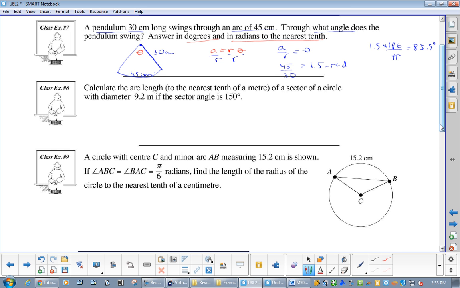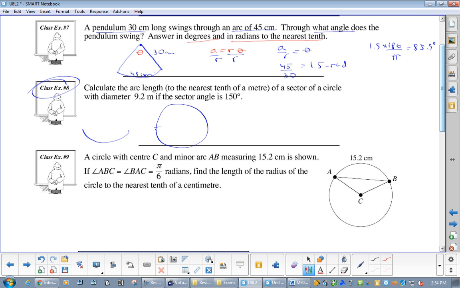Okay, calculate the arc length. This is a diploma question, right? This has been on a diploma. I've seen this exact question on the diploma. Calculate the arc length to the nearest tenth of a sector of a circle with diameter 9.2 meters. So we've got a circle.